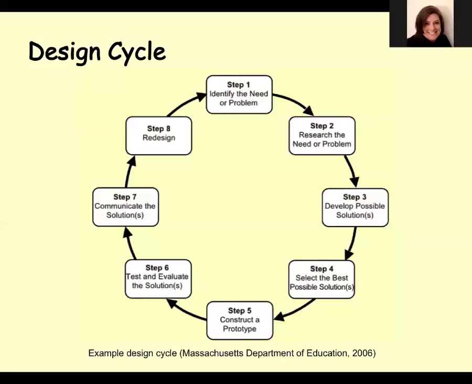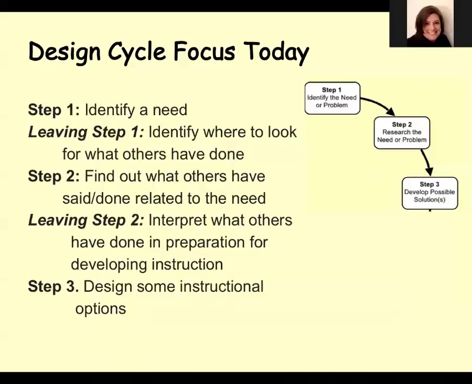And today's focus is on those first 3 steps. And so I'm going to give an example of something that was in my experience of me doing step 1 and kind of moving into step 2. And then Anne's going to talk about briefly her step 1 and then moving into steps 2 and 3.